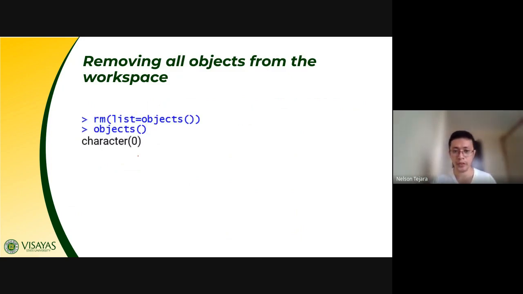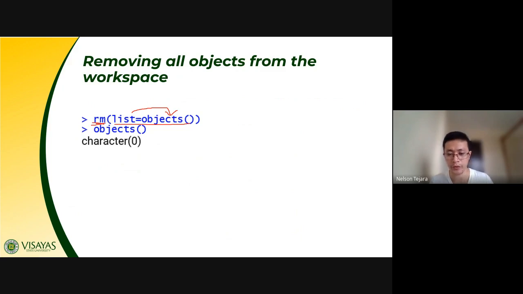There's also another way where you can remove all objects in your workspace, without having to identify each object individually. To remove all objects from your workspace, we make use of this function, list equals objects, inside your rm. What it will do is retrieve all the objects in your workspace and then apply the rm function.